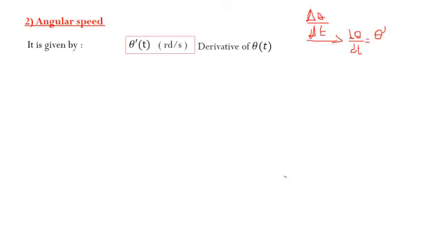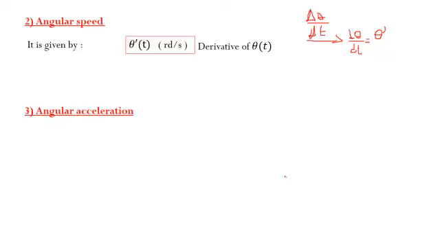And if we take a very small interval of time, then it will be d theta over dt, and this is what we call the derivative, so it equals theta prime. Then we know now that the angular speed is equal to the derivative of the angular position. So it's given by theta prime, the derivative of theta.